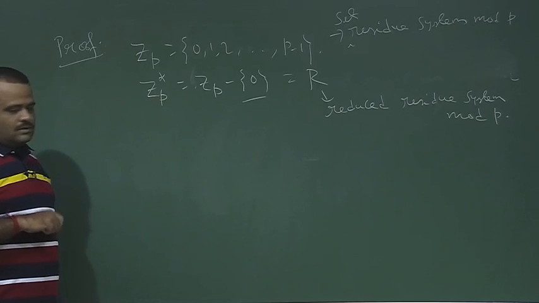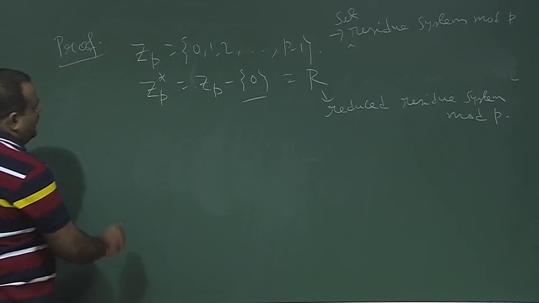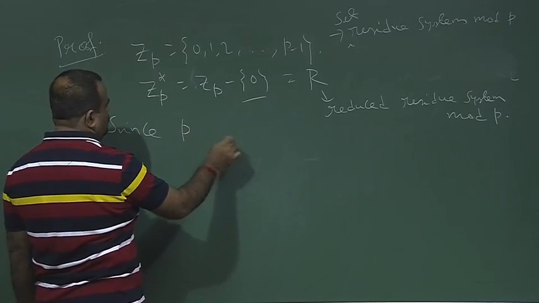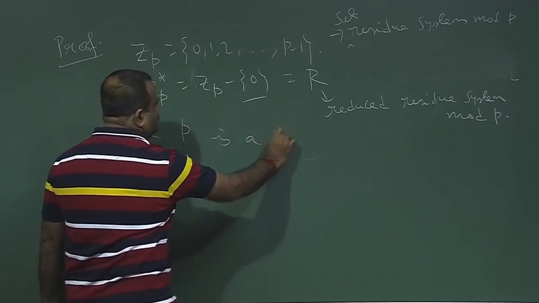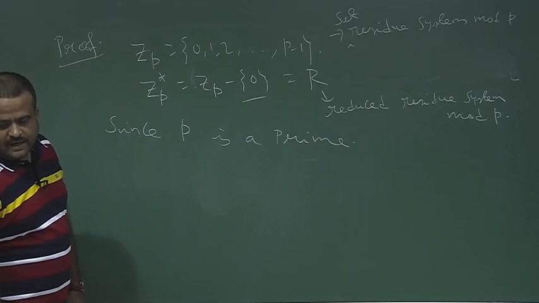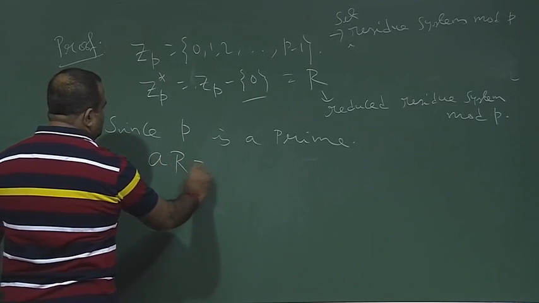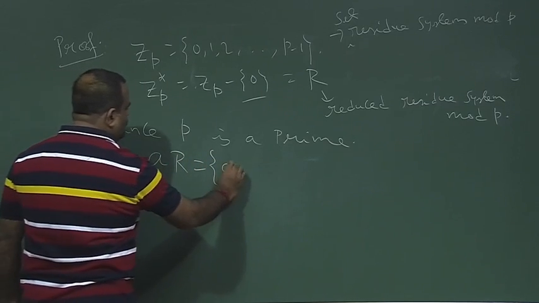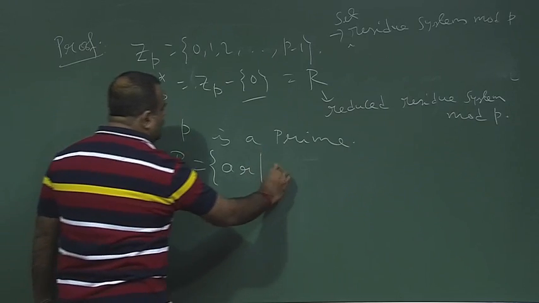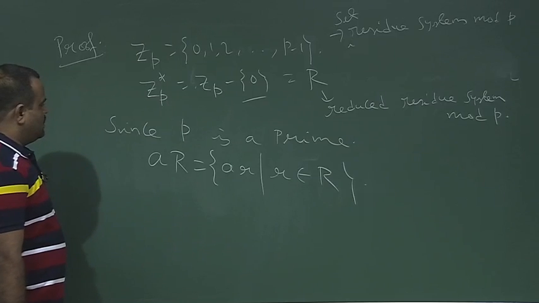Okay. So, now since P is a prime, we can show that AR is basically the set of all elements AR such that R is coming from this.